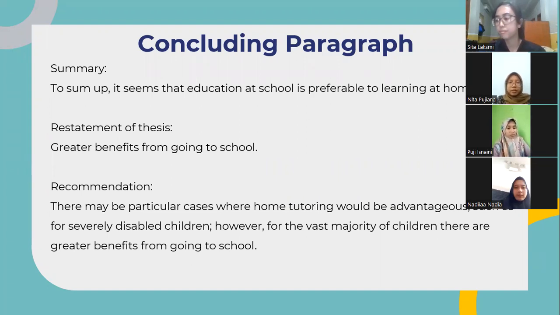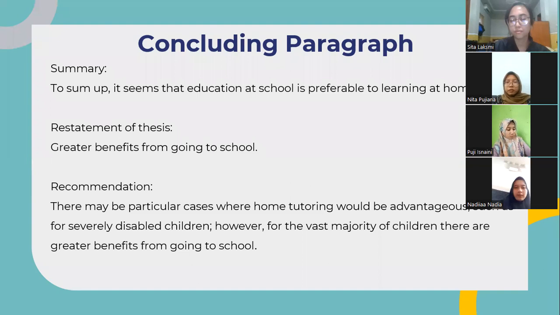The restatement of the thesis is an explanation with different words. The point is greater benefits from going to school. Okay, the last part is recommendations, where the recommendation in the text is: there may be particular cases where home tutoring would be advantageous, such as for severely disabled children.